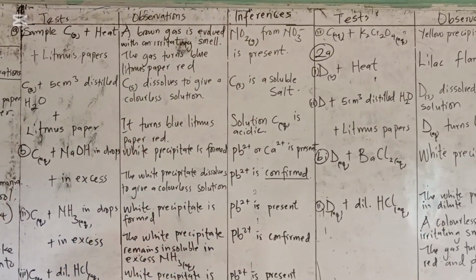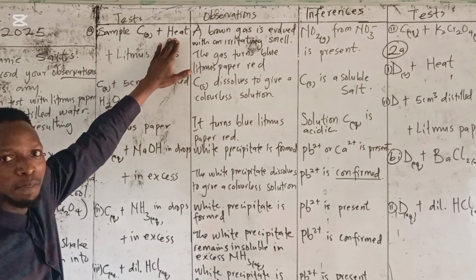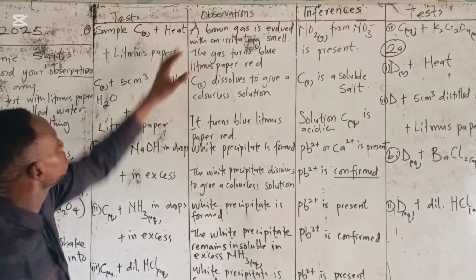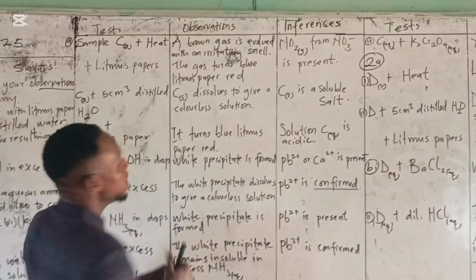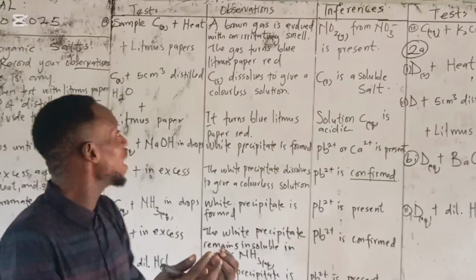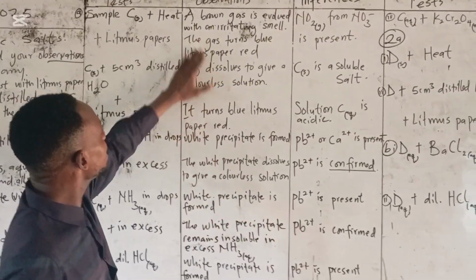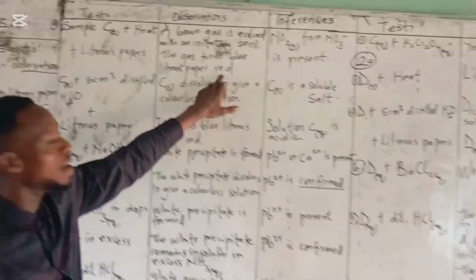Question number 1 says, put sample C in a test tube and heat. If you heat sample C, we have a brown gas evolved, with an irritating smell. When we tested the gas with litmus paper, the gas turns blue litmus paper red.